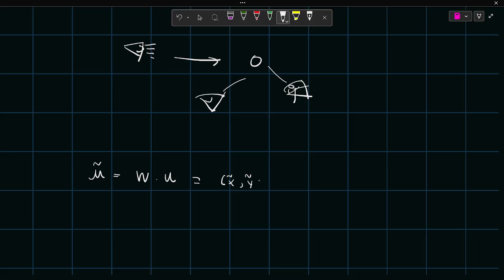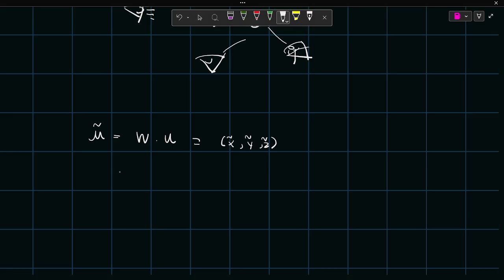So this gives the camera's perspective of the Gaussian, like the location of the Gaussian with respect to the camera, a local camera. And now we need to project it to a 2D scene.